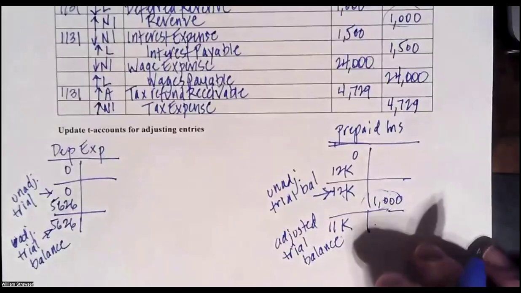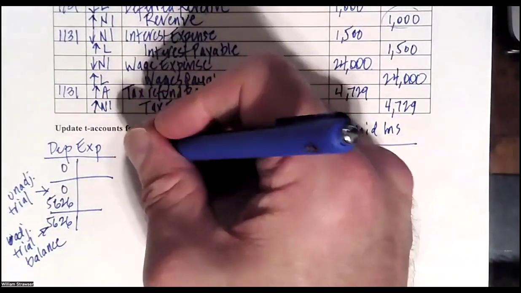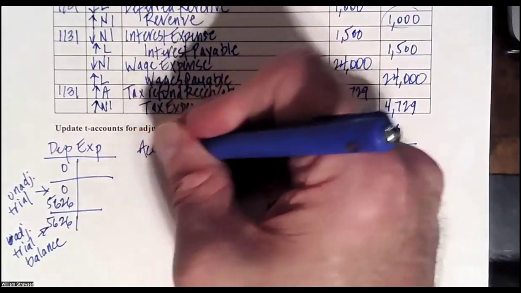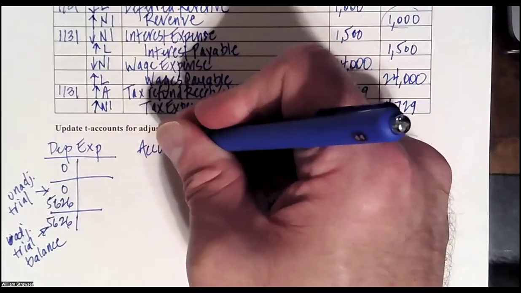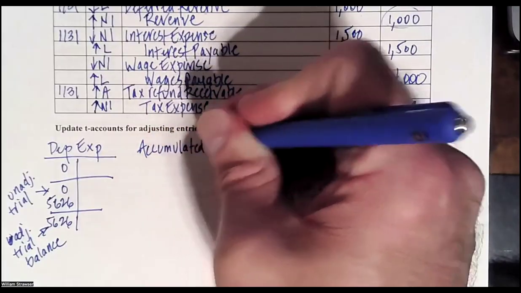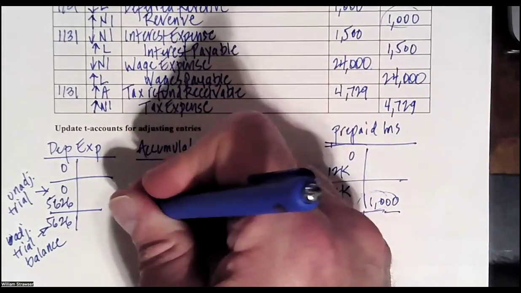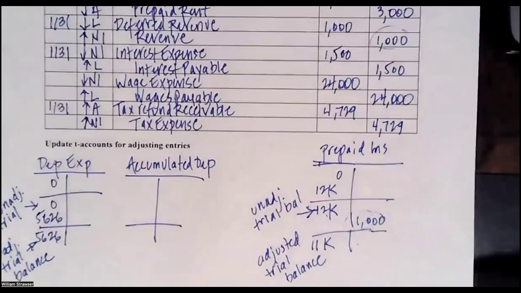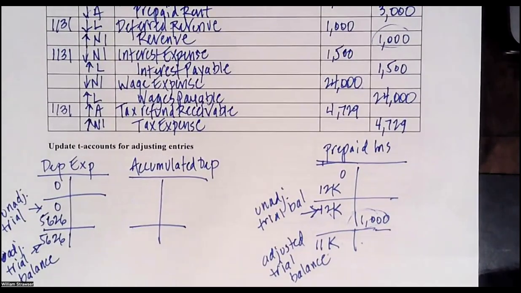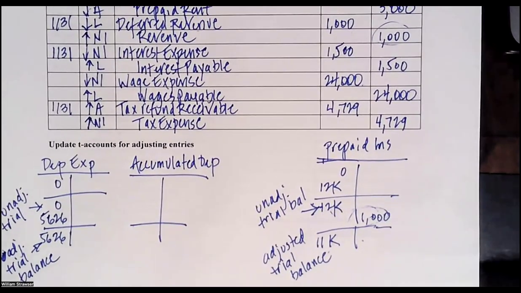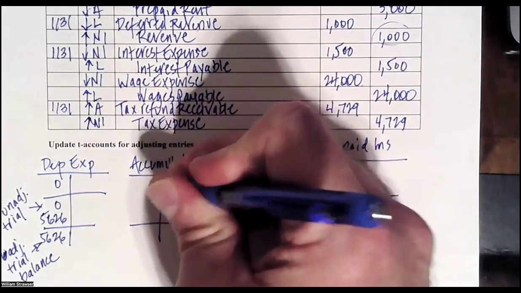Now, the accumulated depreciation account is a bit different. That one is on our ledger with an unadjusted balance. If you have it out, you can take a look at it. I'm looking at mine on my computer, and it started at a $70,000 balance.